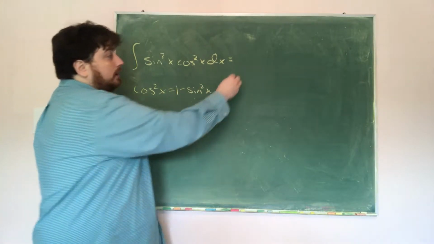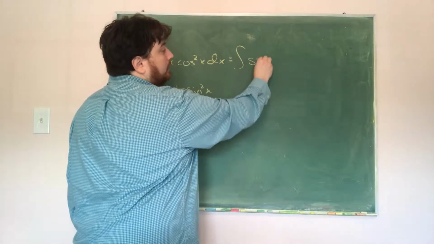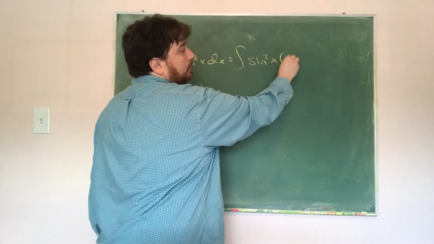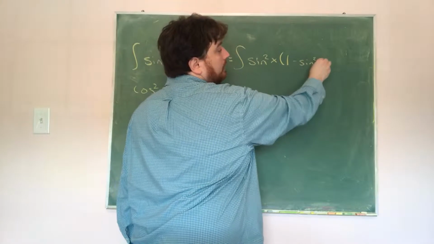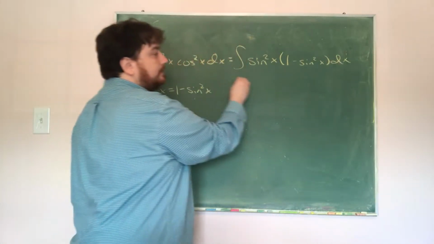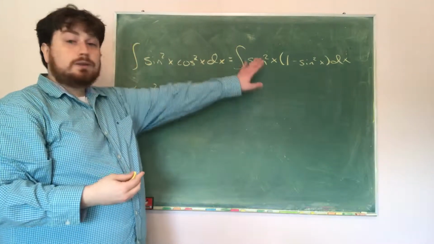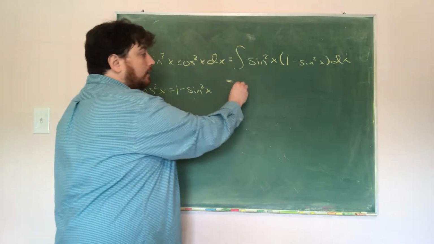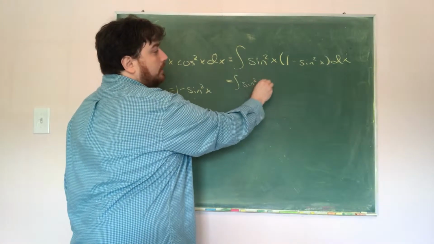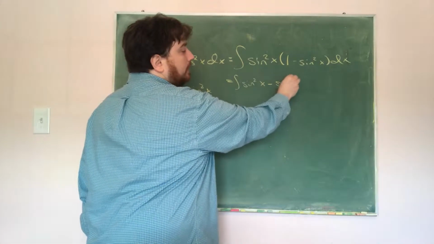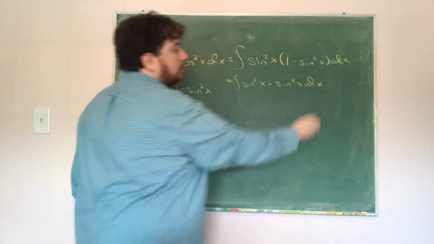So if I want to find this integral, I can find the integral of sine squared times 1 minus sine squared dx. Then I can distribute the sine squared, and I get the integral of sine squared x minus sine to the fourth x dx.